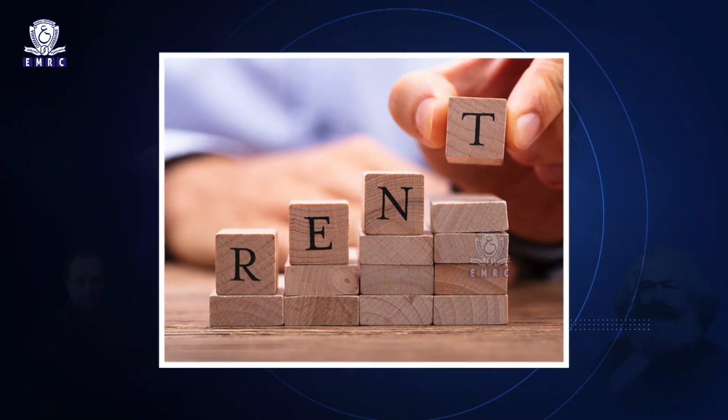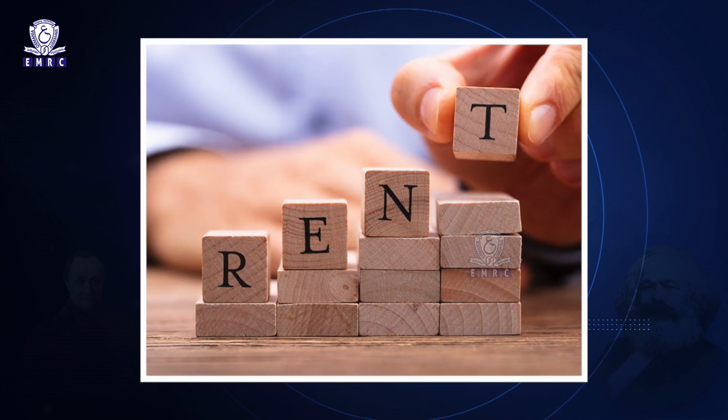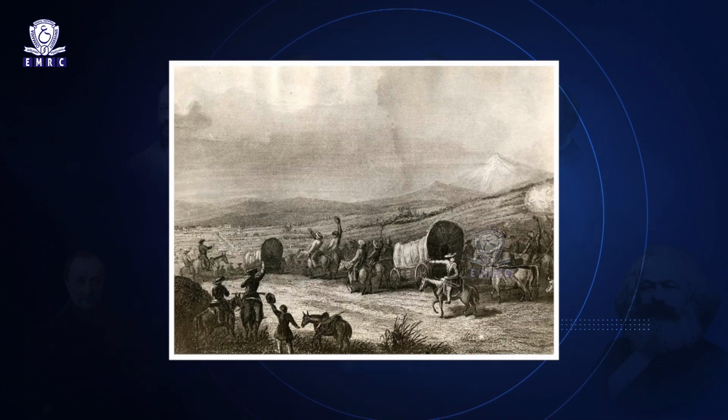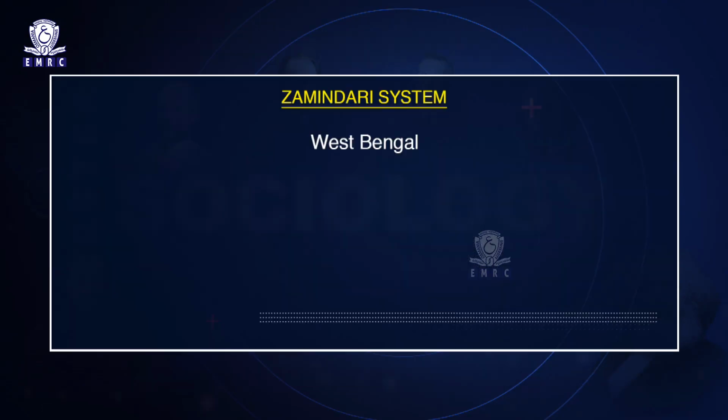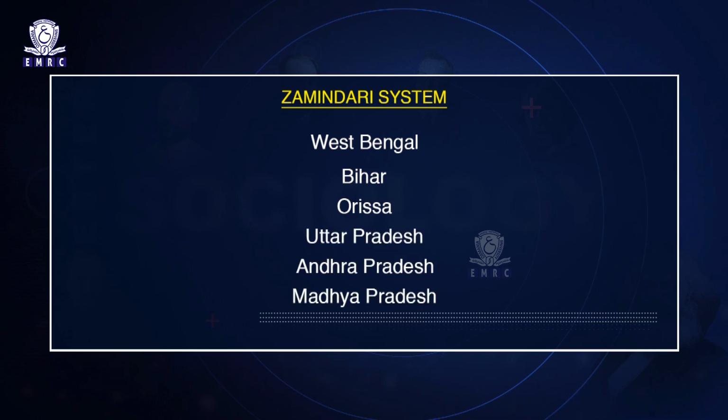In return, the task of collecting rent from the farmers was entrusted to them. The Zamindars were to function as intermediaries between the cultivators and the state. The share of the government in the total rent collected by the Zamindars was kept at 10/11, the balance going to the Zamindars as remuneration. At the time of independence, this system was prevalent in West Bengal, Bihar, Orissa, Uttar Pradesh, Andhra Pradesh and Madhya Pradesh.